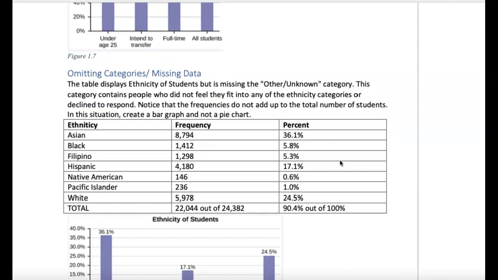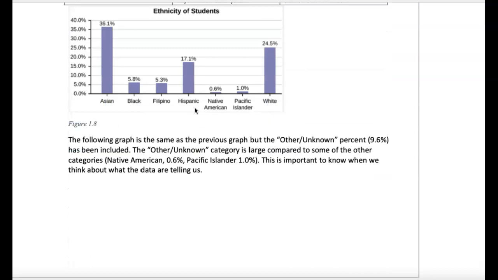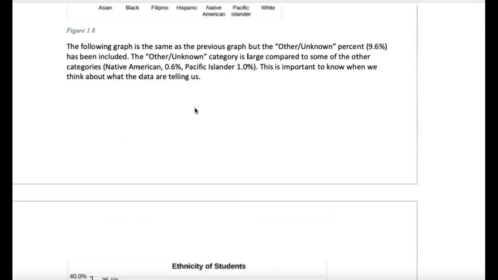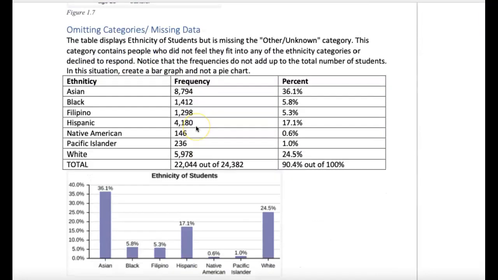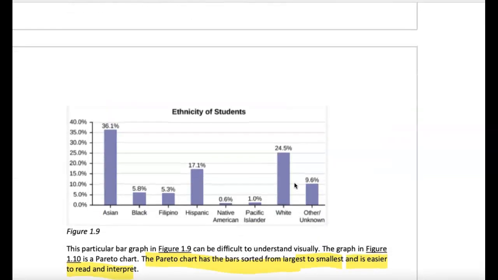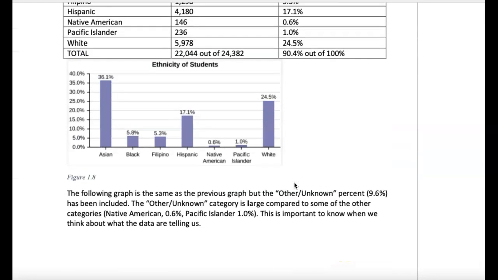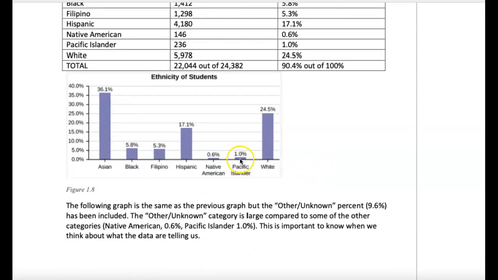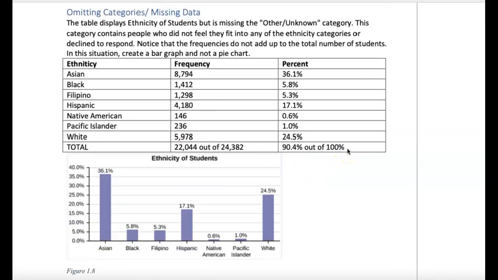Other kinds of things come up as we think about data that affects the graphs, and you'll see here, what about missing data, right? If you don't put all the data in a graph, it tells a different story. So you could see in this example here, it shows the same information, right?